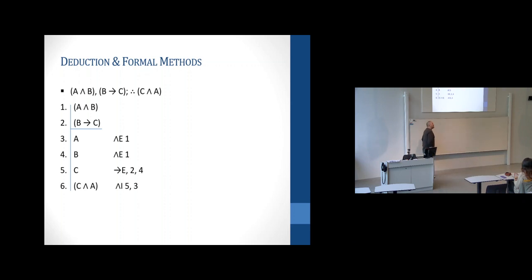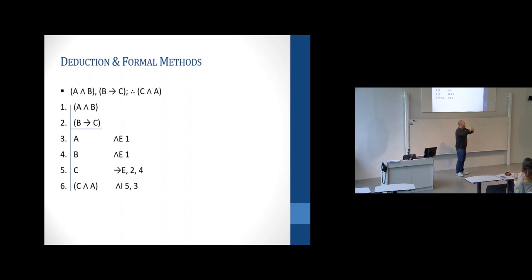Yes? Could you elaborate on the conjunction E1, E2? Yeah, so all that's telling us is we're using conjunction elimination. Don't stress too much about this. But it's just saying, hey, sentence 1 is a conjunction. I know that if a conjunction's true, because of what conjunction means, then both conjuncts have to be true.